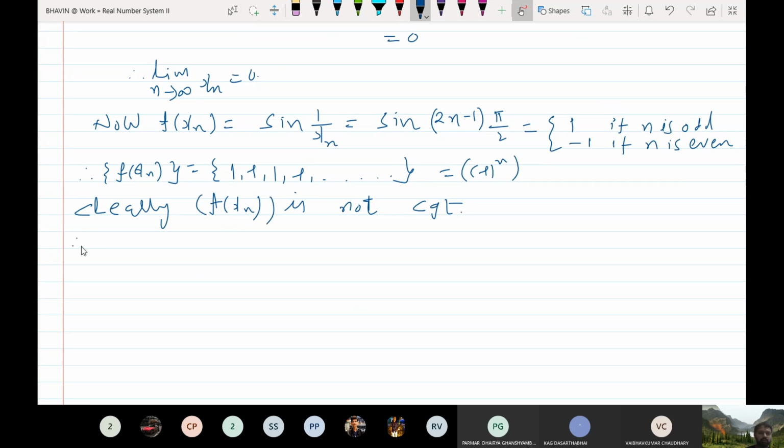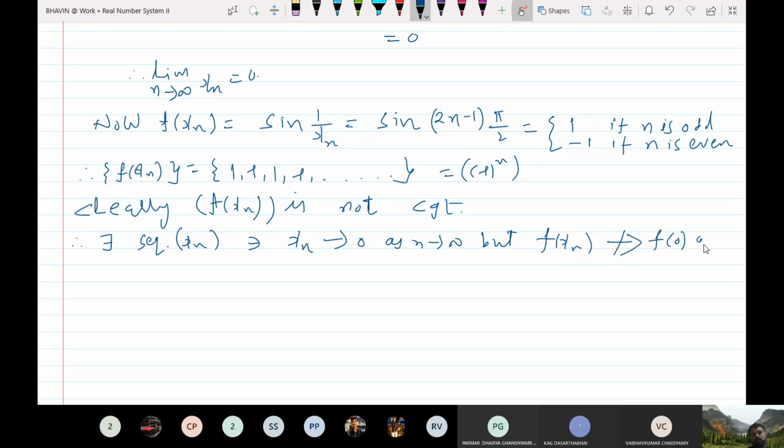Therefore there exists a sequence xn such that xn tends to 0 as n tends to infinity, but f of xn does not tend to f of 0 as n tends to infinity.